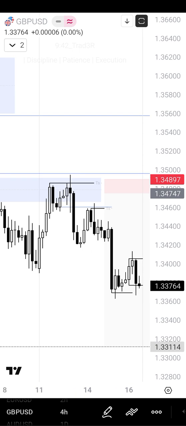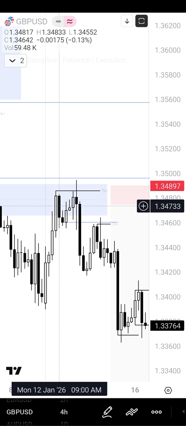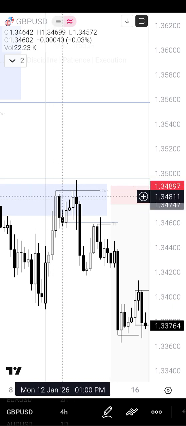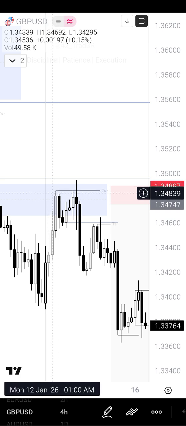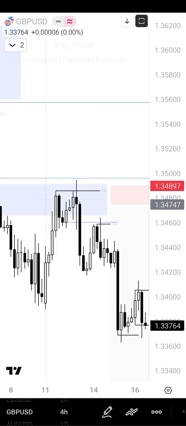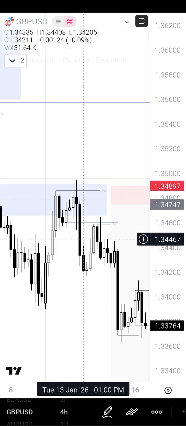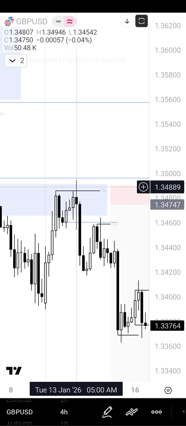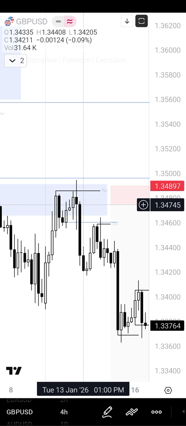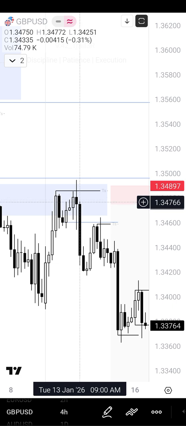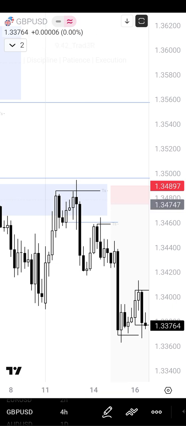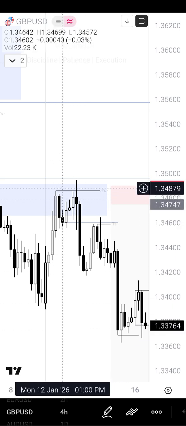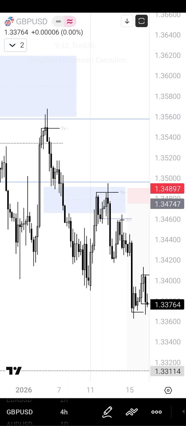With that said, after the sweep above Monday's high, which is also the Monday CRT range high, price closed back inside of the range. Immediately at the 9 a.m. open, I executed my position and my stop was just right above this previous high that was liquidated into the key level.